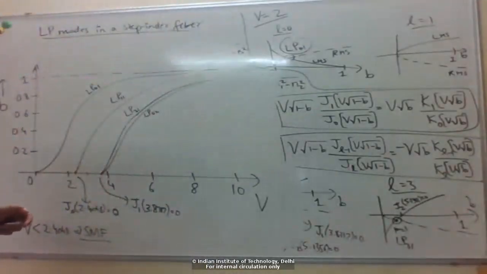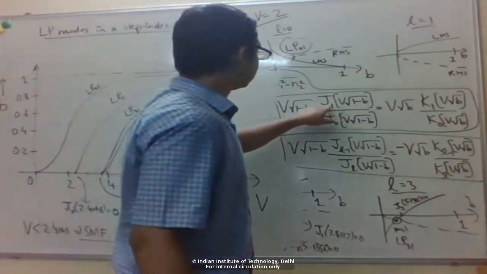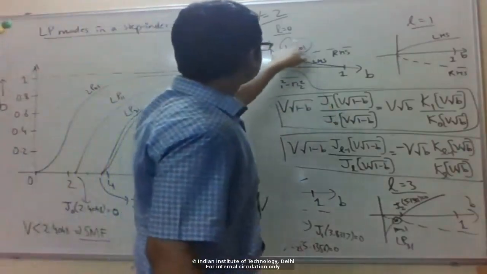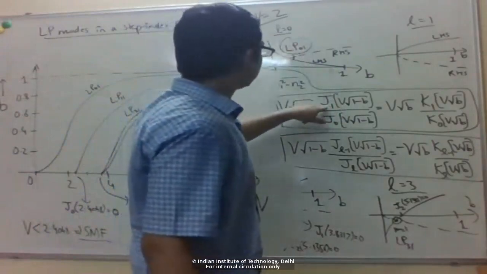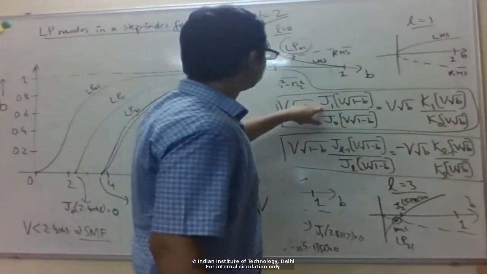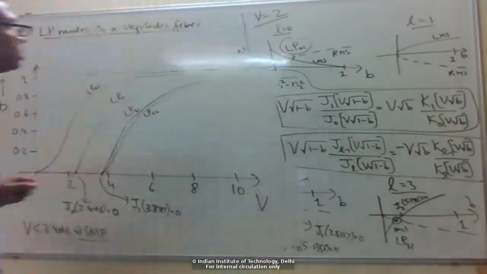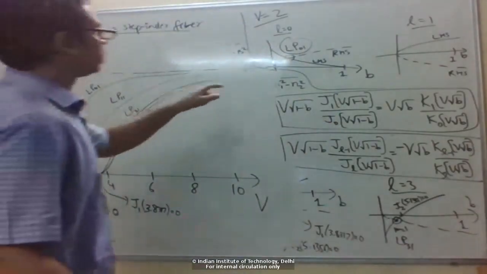You see that the LP01 mode always exists, right? Once you encounter the root of J1, then the second mode will also exist, right?